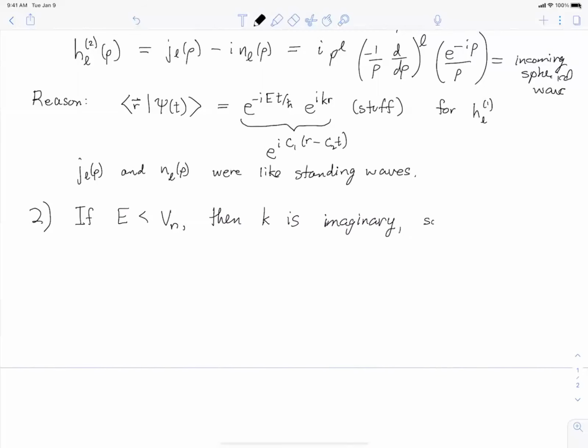Okay, and so the solutions are just gotten by taking what we had before and plugging in imaginary values. So it'll be JL of ikr and NL of ikr. Or one can write HL1, the Hankel functions of ikr. Actually, I should call these something else. Let's call them kappa.